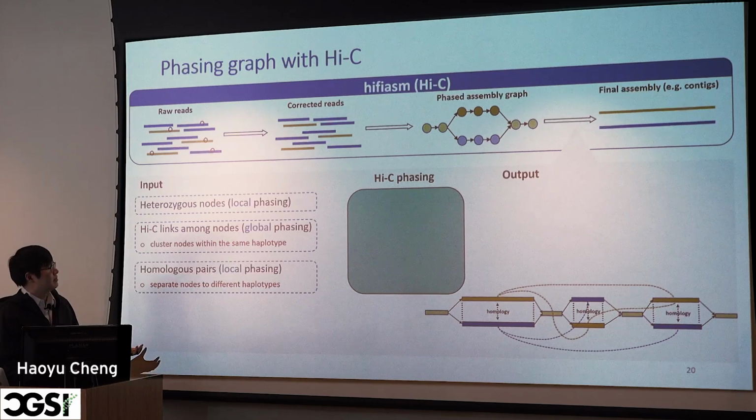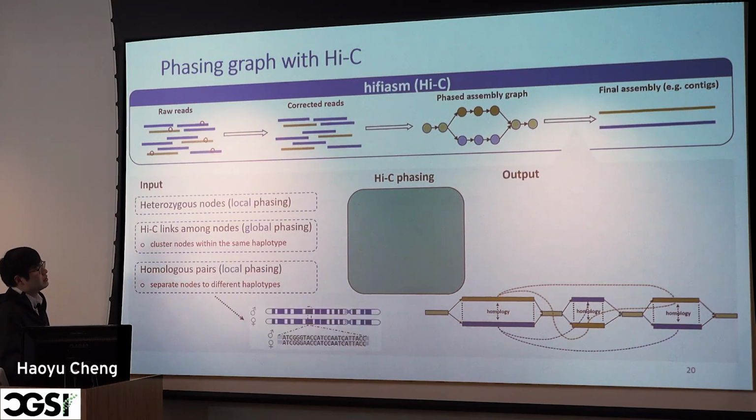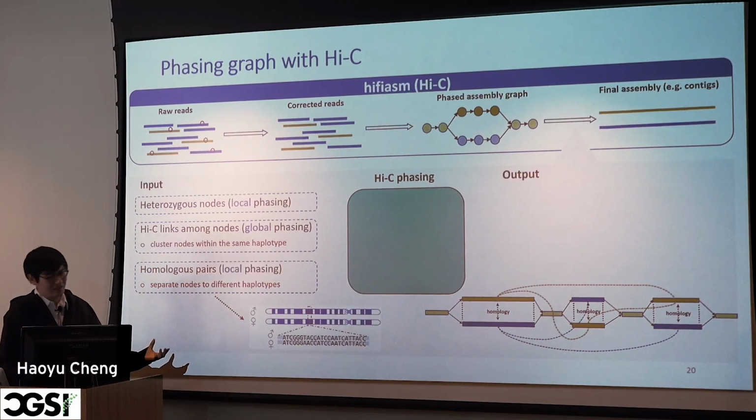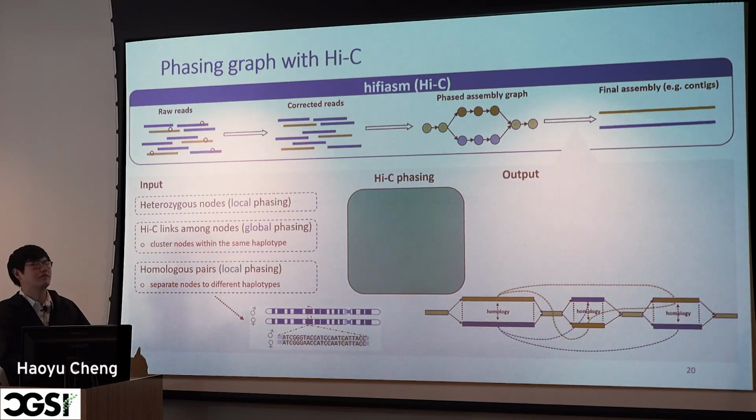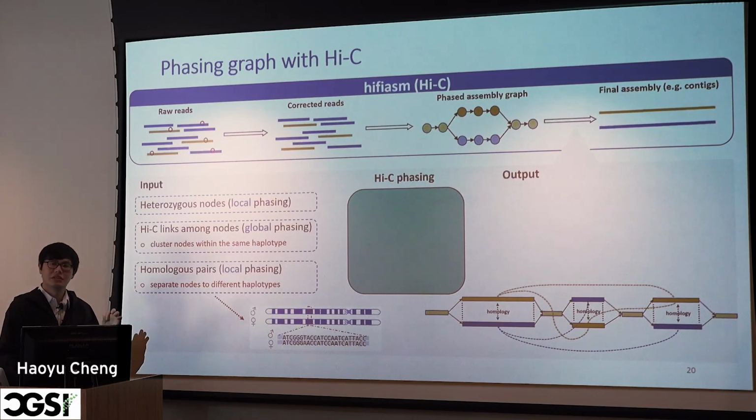The third type of information is homologous pairs, which we still call local phasing. Homologous pairs are regions from the same chromosome but different haplotypes, which are highly similar to each other, as we talked about before. If we find nodes within the assembly graph that are highly similar to each other, it is very likely that they are homologous, so they should be partitioned into different haplotypes.